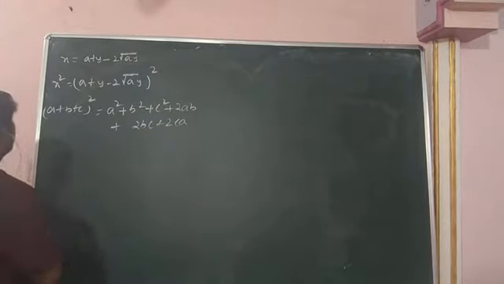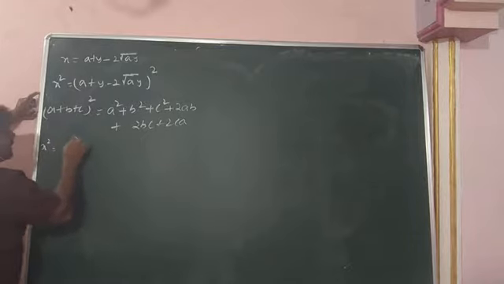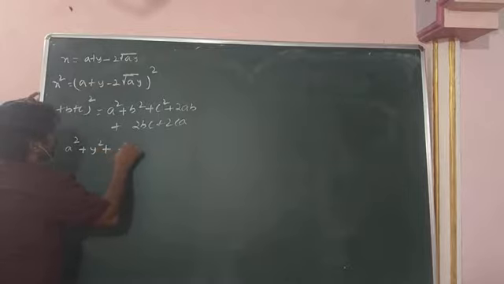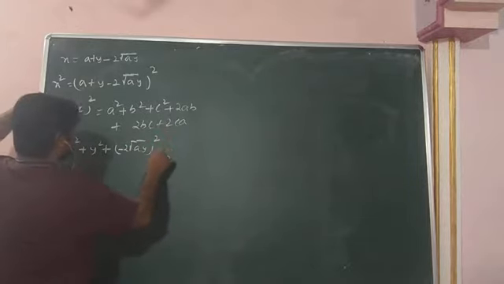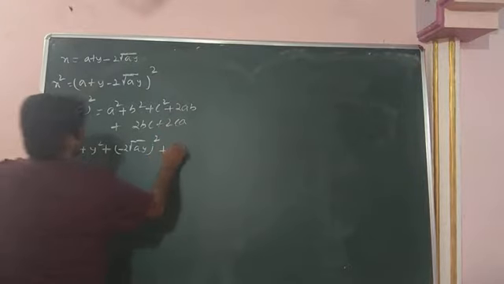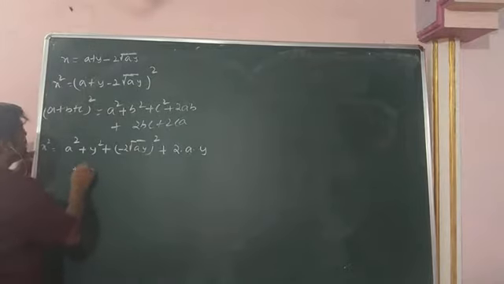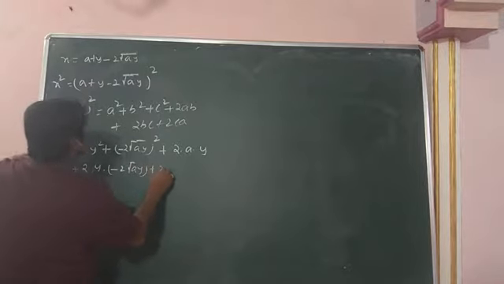Therefore, we write x square equal to a square plus y square plus (minus 2 root a y) whole square, plus 2ab, plus 2bc, plus 2ca.